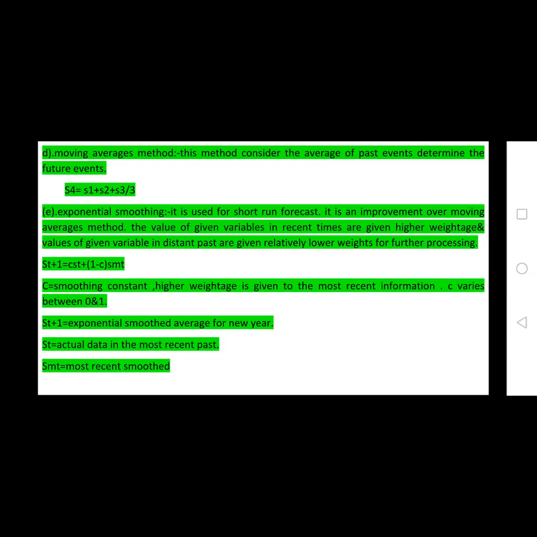This exponential smoothing method is similar to the moving averages method, but it gives preference to the recent years.